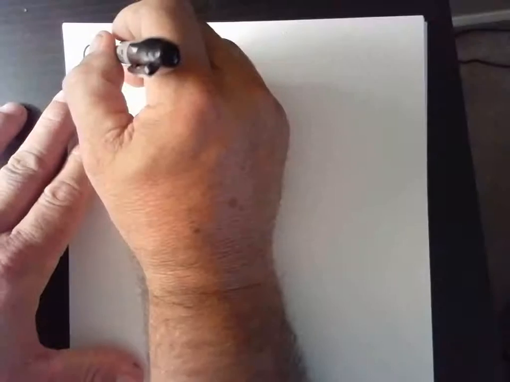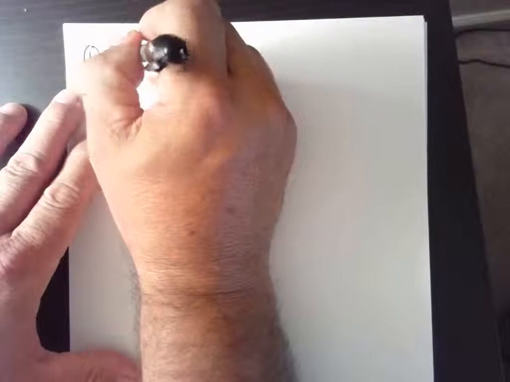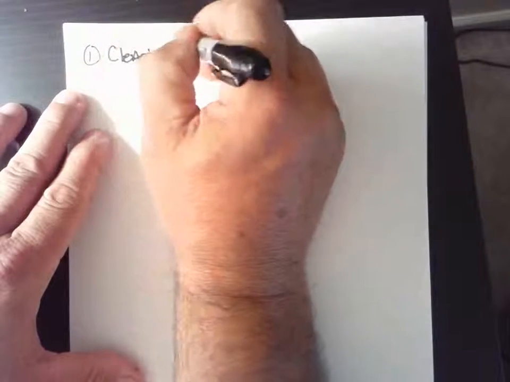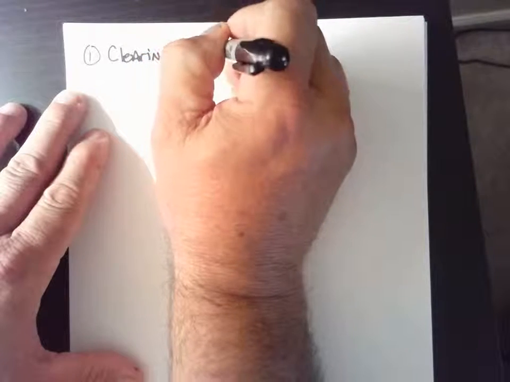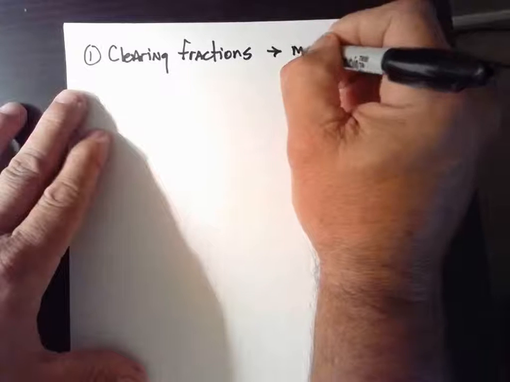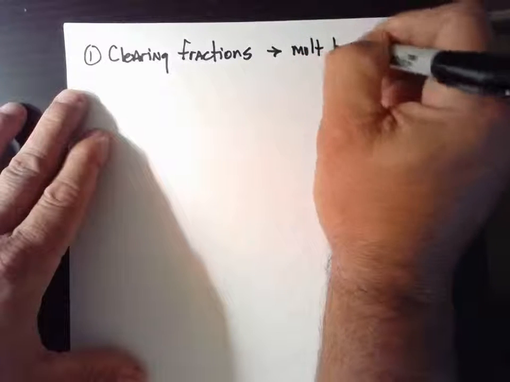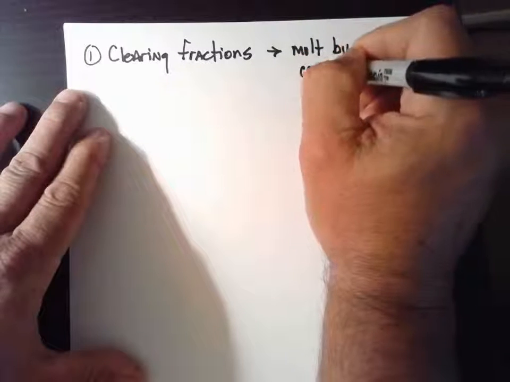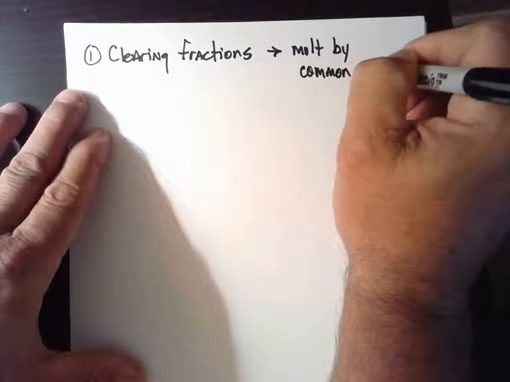And then the last section is clearing fractions and decimals. The only thing I'm going to tell you to do here, I'm going to give you 2 laws. 1, when clearing fractions, multiply by common denominator.